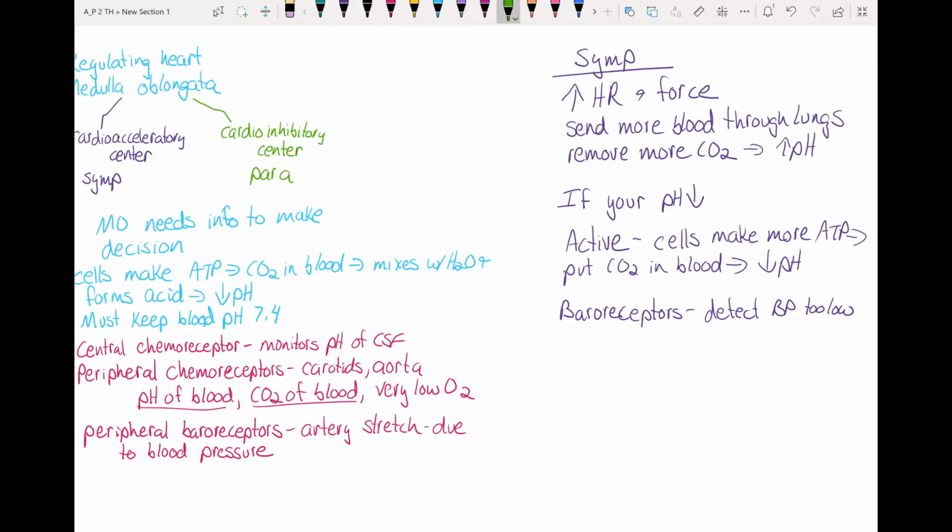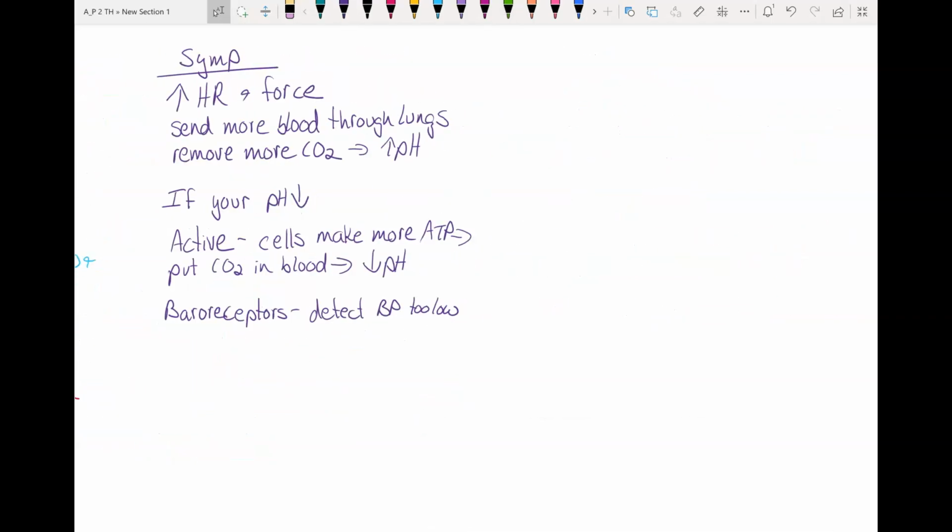Then let's look at parasympathetic. Remember, parasympathetic is going to decrease your heart rate. If you decrease your heart rate, you will send less blood through your lungs. If you send less blood through your lungs, you are going to retain carbon dioxide.